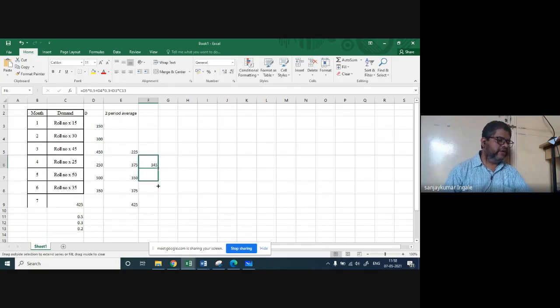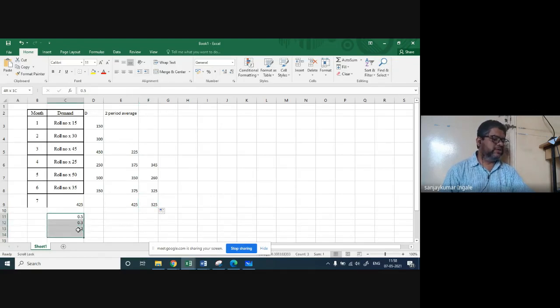Now we want to calculate the demand for the 7th period, and you will find the demand for the 7th period is 325. So you see, with a simple moving average the demand was different, and with a weighted moving average the demand was different. In a weighted moving average, demand is calculated based on the weights assigned. Is it clear to you?